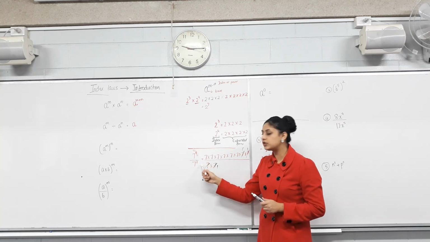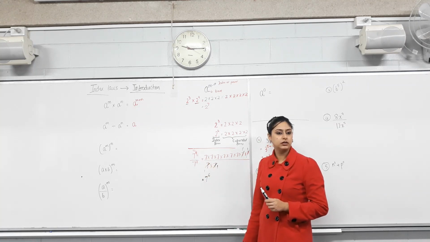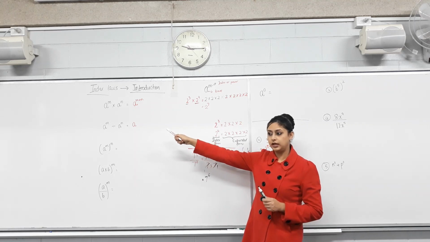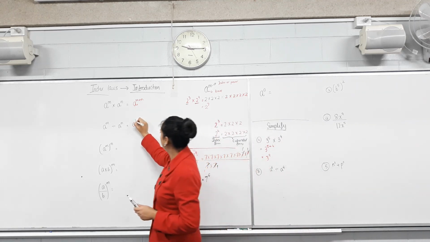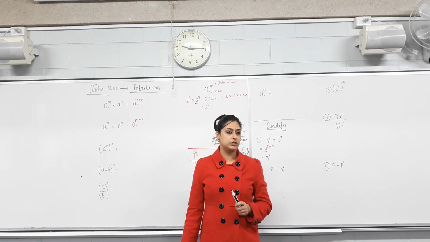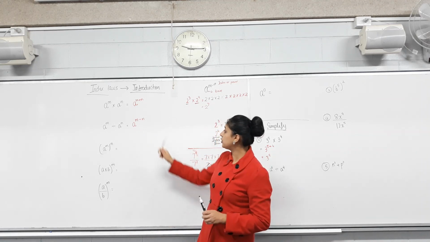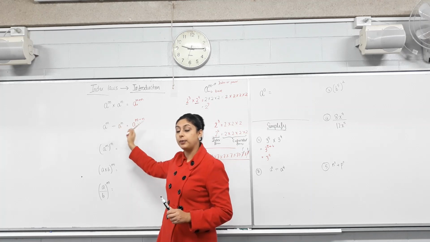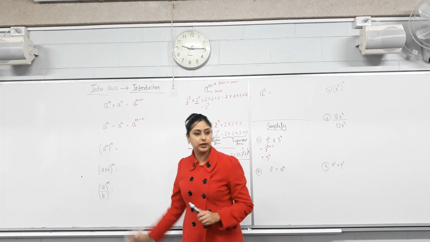Did we do 8 minus 2 or 2 minus 8? 8. So what's 8 there? M. So this is important. Order is important in subtraction. So you always do power of the numerator minus the power of the denominator.